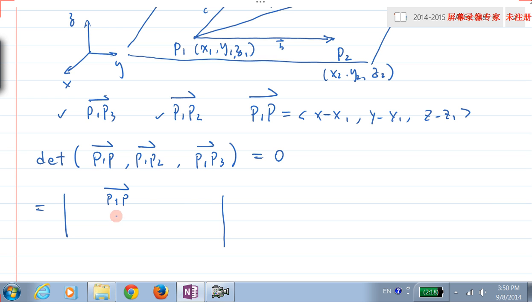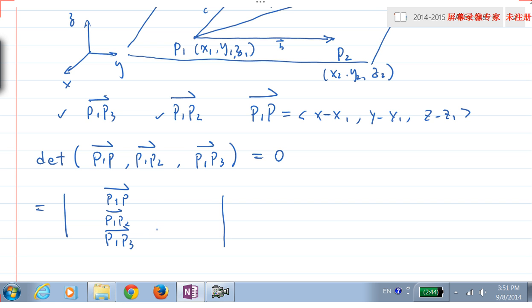Second row is going to be the constant vector P1P2. Third row is going to be the constant vector P1P3, right? It's not very rigorous, but that's the idea. You will put that into this format of this determinant.